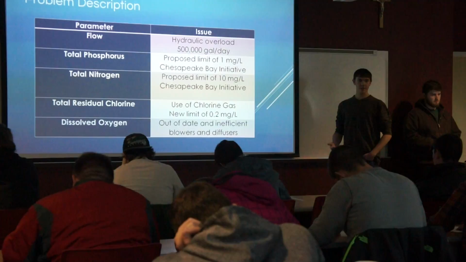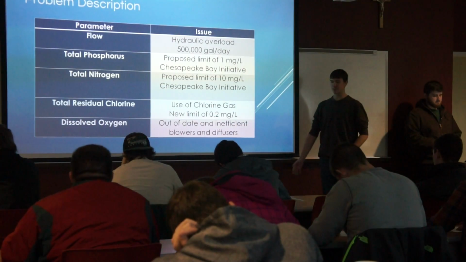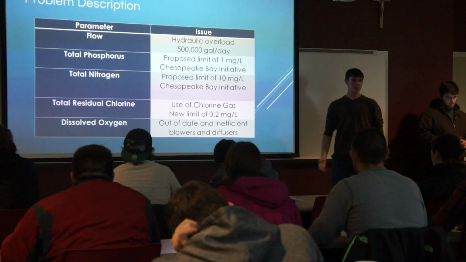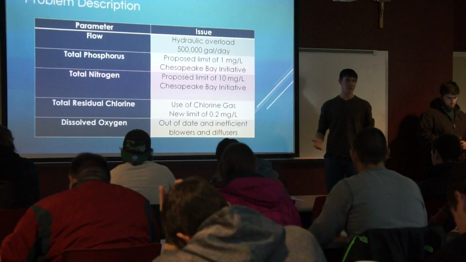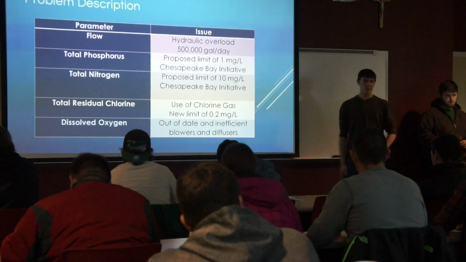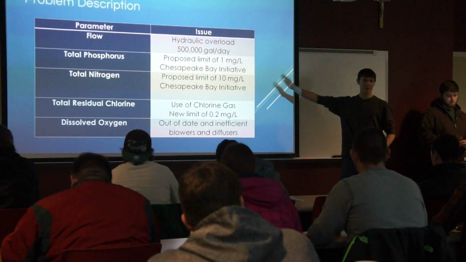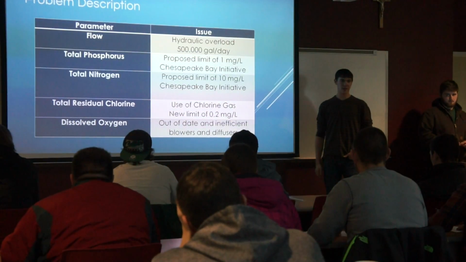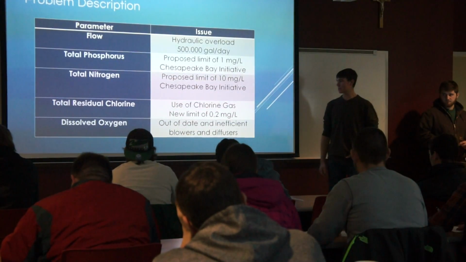Limits on these nutrients are now being proposed by the Chesapeake Bay Initiative because down in the Chesapeake Bay, they're having big problems with eutrophication, which are basically just algae blooms. And this plant was built before this was even cared about by wastewater people. So it doesn't take care of these nutrients at all.